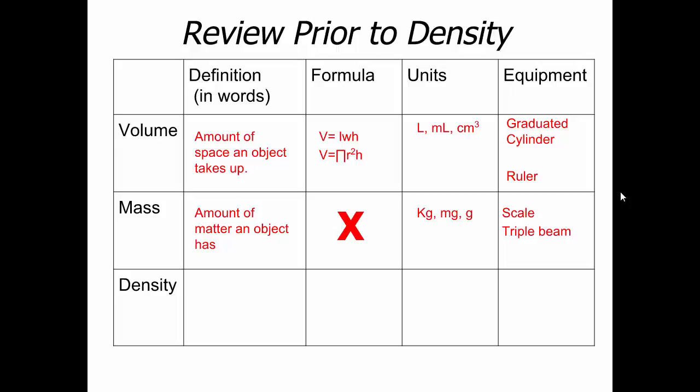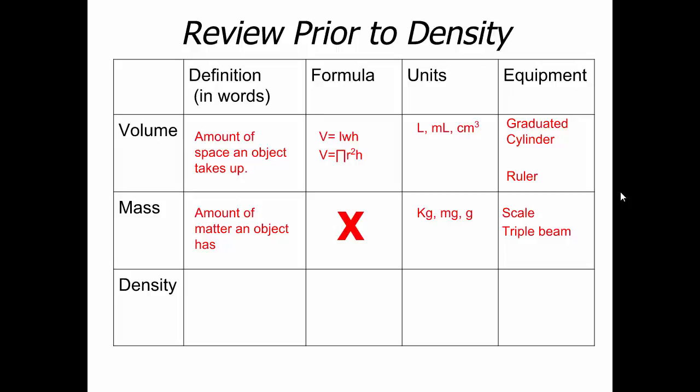Why are you giving me a no here? Alex? Because the planet could affect the triple beam balance the same as the digital balance. The digital balance you can't use there because you need electricity.